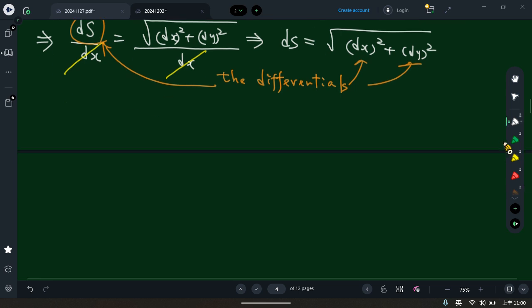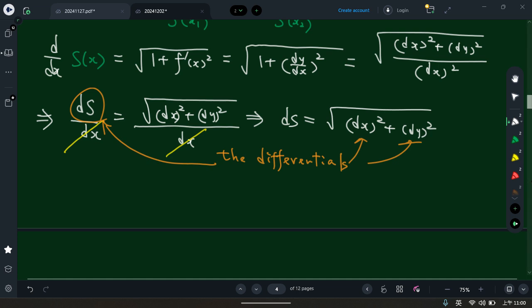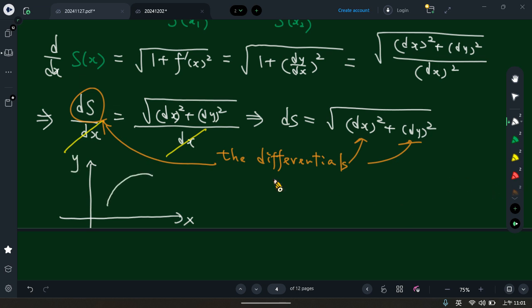So you can also see the concept about ds is, if this is x, this is y, and then every point from A to B, you can regard that here we always can have a small portion dx. Then we also have a small portion dy, right?